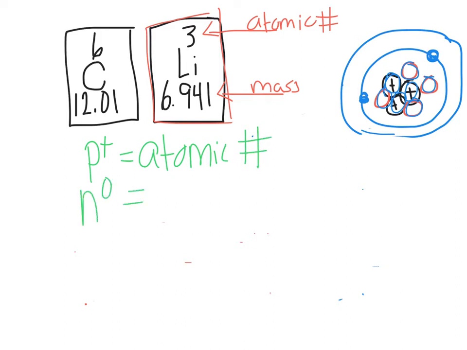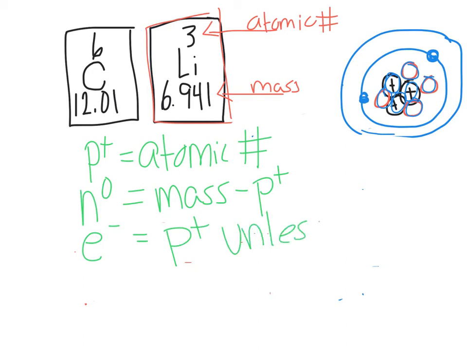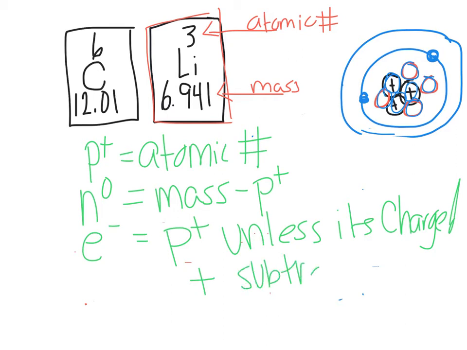Neutrons are neutral and they equal whatever the mass of the atom is minus the proton number. And electrons are negative and they equal protons unless it's charged. If it's a positive charge, you are going to subtract. And if it's a negative charge, you're going to add to that number.